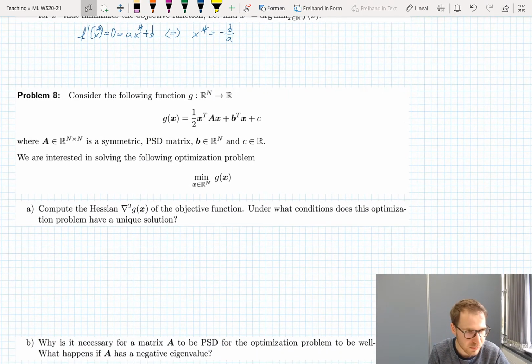So let's compute the Hessian. To get the Hessian, what we need to do is calculate all the elements. So let's actually make this more explicit: d by dx l, I think I used l in the solution, d by dx k of g of x.